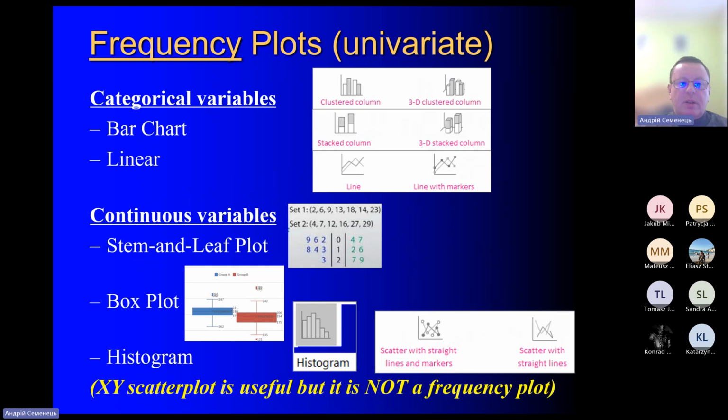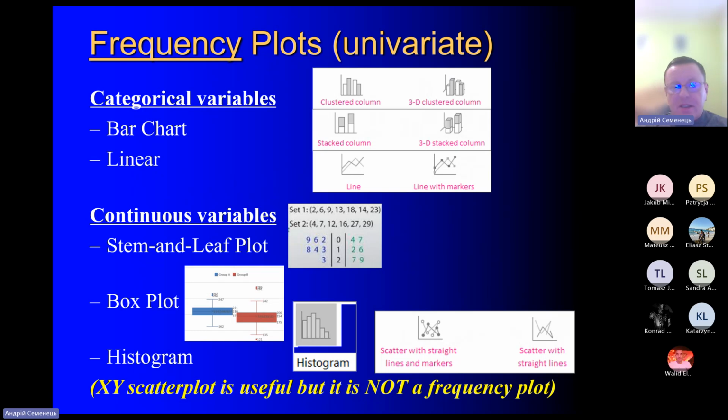Because when we talk about statistics and summarization of our data, which is what statistics actually does for us, it's most important not to depict each value, but to get some summary from it. And here is a fast summary: the frequency plot, how often some events occur within our data set.